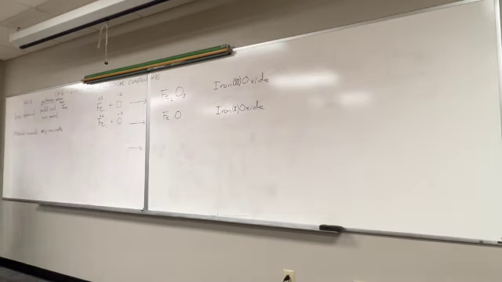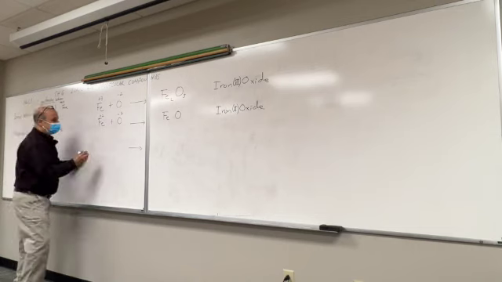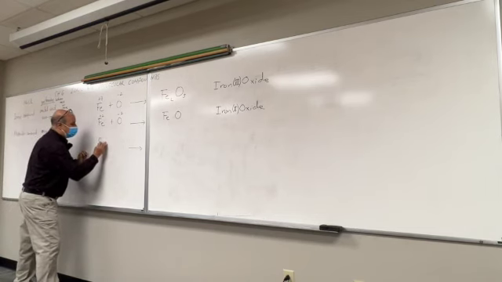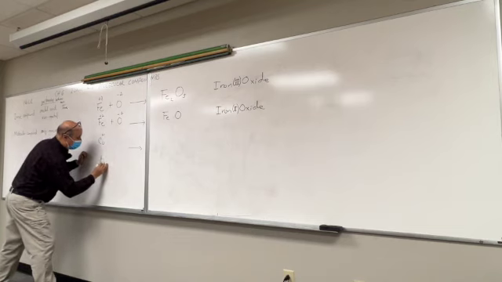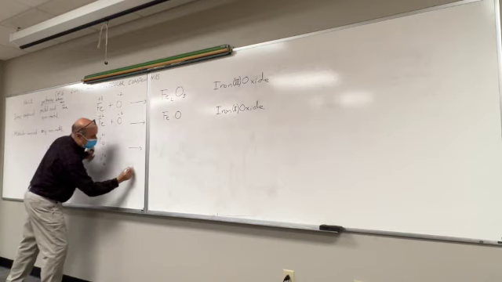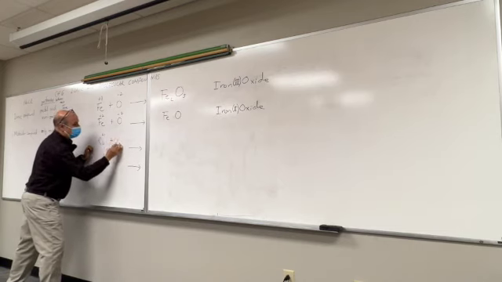Let's make a prediction for a couple of copper compounds. I'm going to give you the charges of both ions, and then you're going to make the prediction. Let's stay with oxygen, just because it's easy. So we have copper 1+ and copper 2+ plus oxygen.